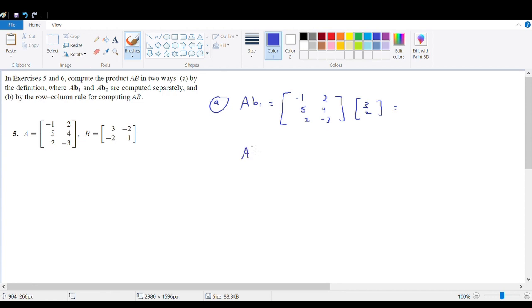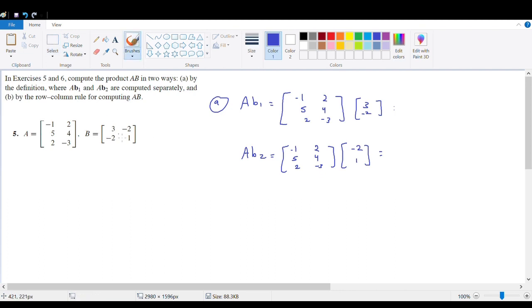Then we find AB2, with A multiplied by the second column, minus 2, 1.